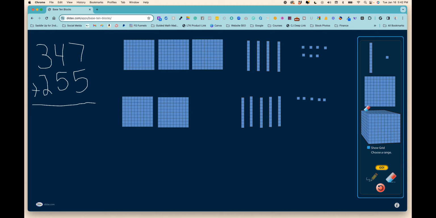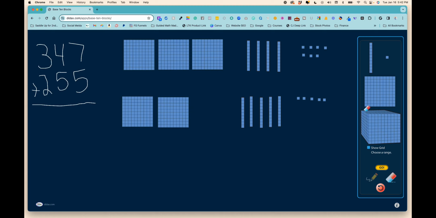But just because those 10 ones go away, we have to replace it with something. I'm going to replace those ones with a tens block. We're just trading out the ones for a 10 so that our value stays the same. Now, how many ones do we have left over? We have 2 ones.